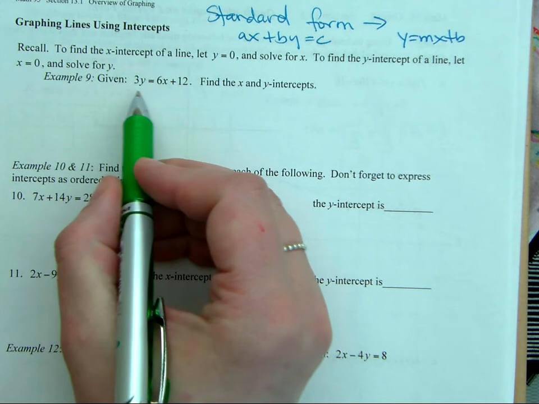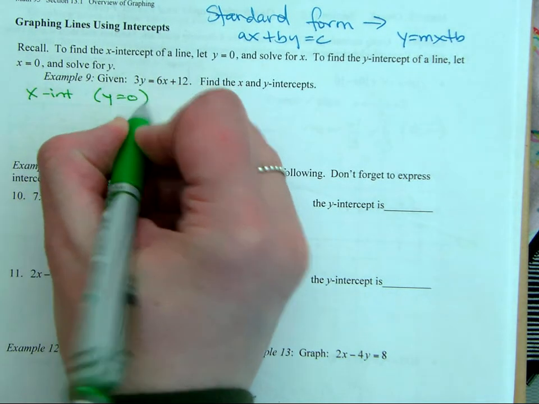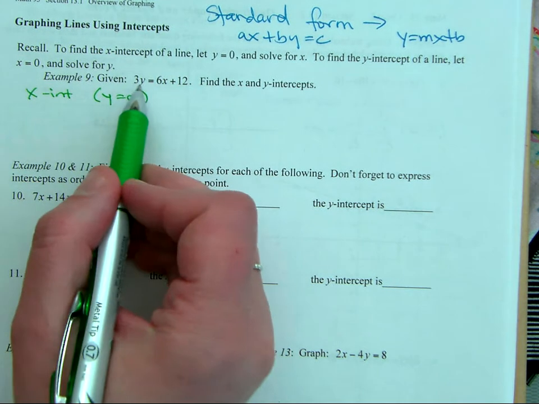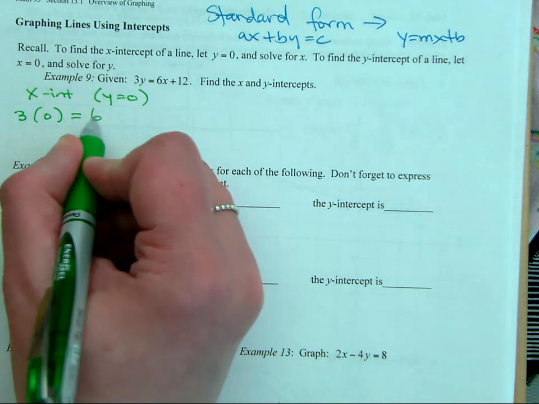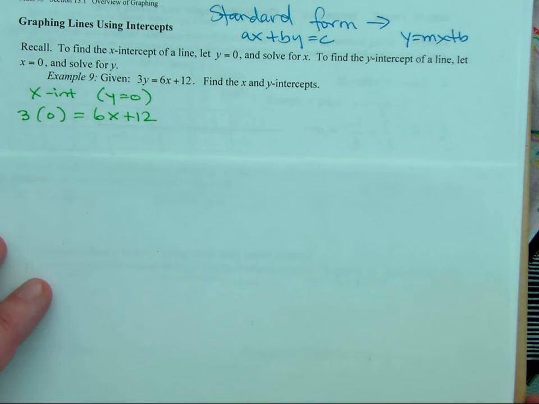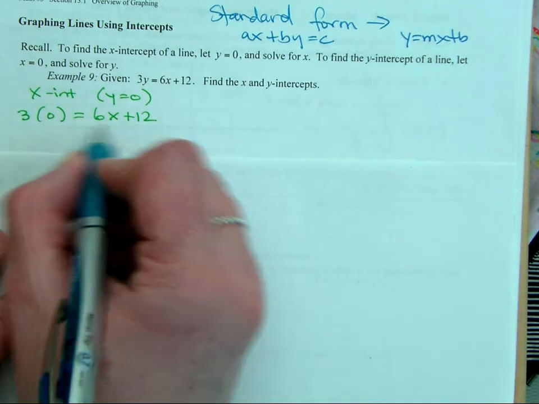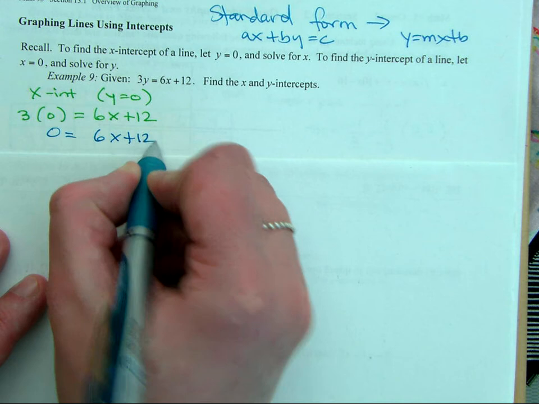If I want to find the x-intercept, I'm going to set y equal to 0 and solve for x. So if I set y equal to 0, I get 3 times 0 equals 6x plus 12. I want to solve for x. How should I solve for x there? I'm going to give myself a little more space because I write large. So I'm going to isolate x. I get 0 equals 6x plus 12.